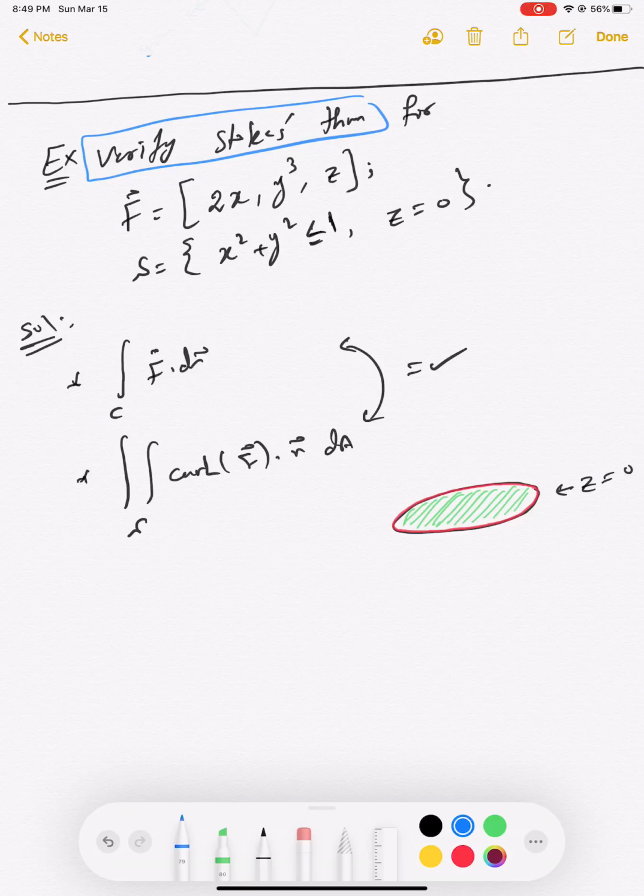So what is the orientation for this disk? The normal vector of this disk can be upward or downward. If you imagine you are this blue guy here and you look down to the red curve, what is the orientation of the red curve? It has to be counterclockwise. It will be this way.